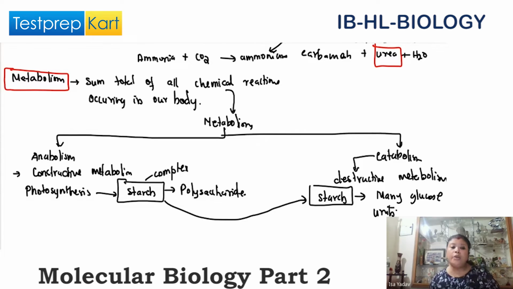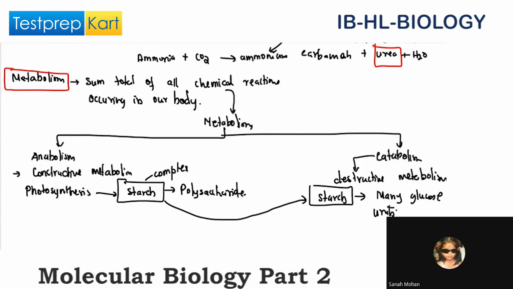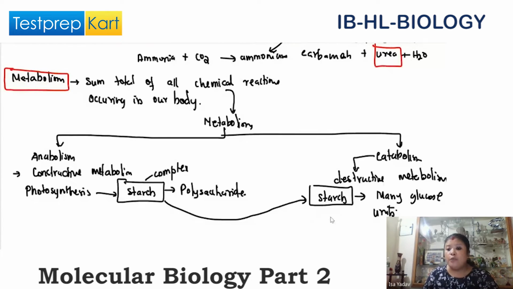So what happens here is that in anabolism the plants have made the starch. Now when we eat the vegetable we get the starch, which is nothing but a polysaccharide, very important.